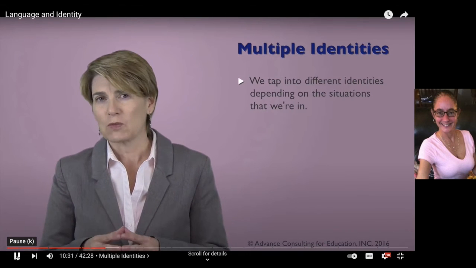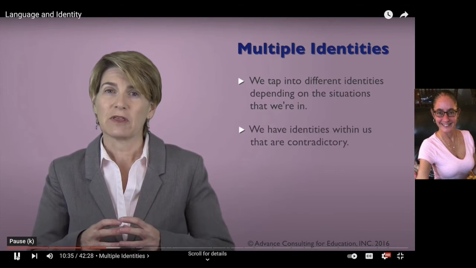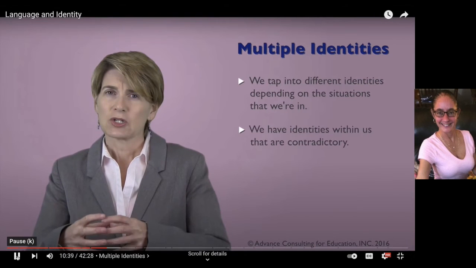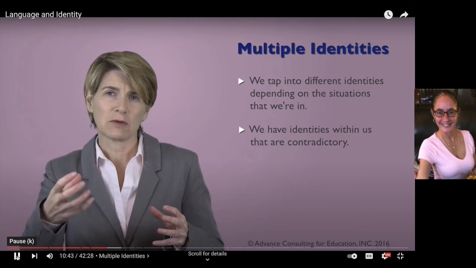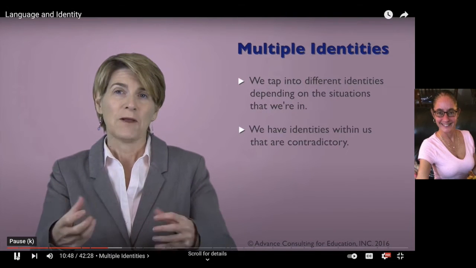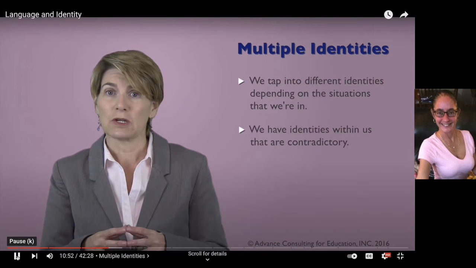And the other interesting thing with this collection of multiple identities is that we can actually have within us different identities that seem to be quite contradictory. So we could have one identity that has this particular value, but another identity has a different value that's almost opposite to that first one. But we pull these opposing identities out in different situations.